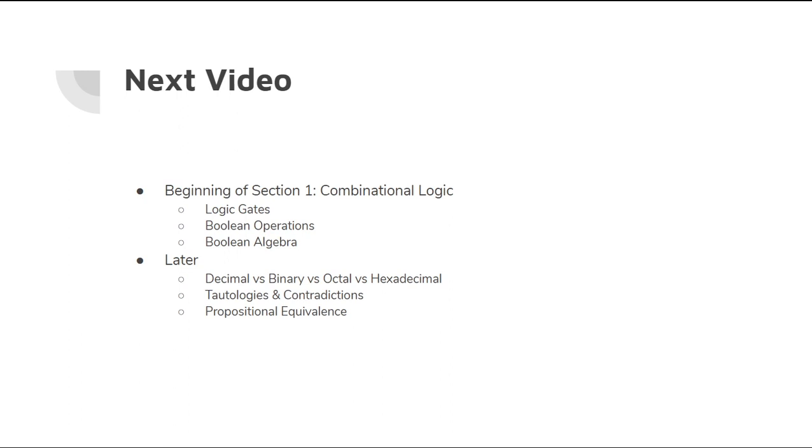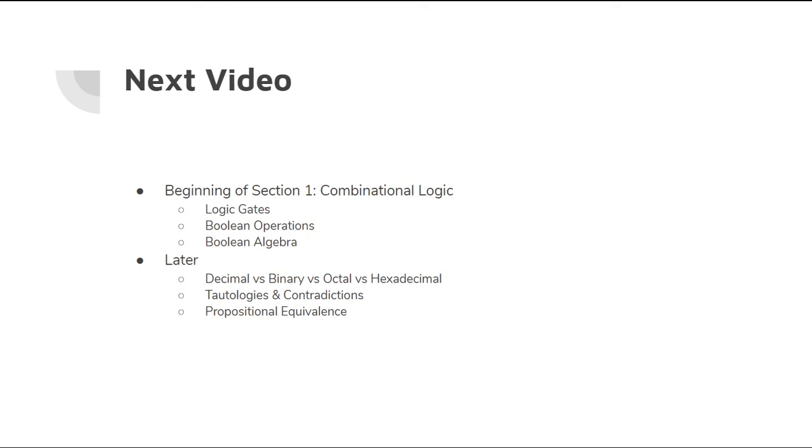With that being said, in the next video, we'll be beginning section 1, combinational logic. We'll be talking about what logic gates are. I'll be demonstrating what those gates mean for Boolean algebra, the operations that these gates perform.